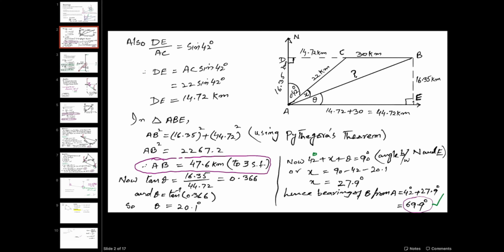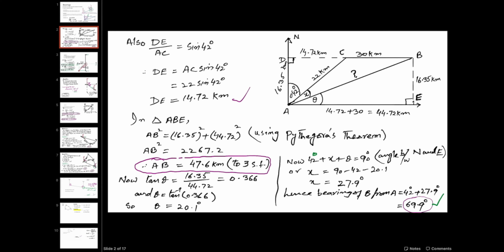Substitute the value of AC, which is 22 km. Therefore DE is equal to 22 sine 42 degrees and DE is equal to 14.72 kilometers.